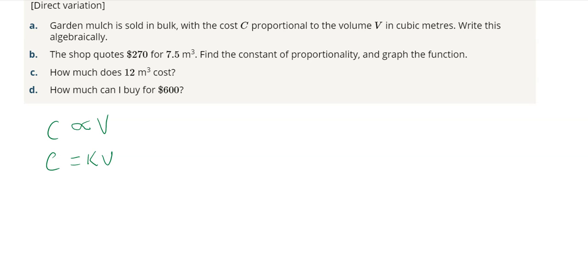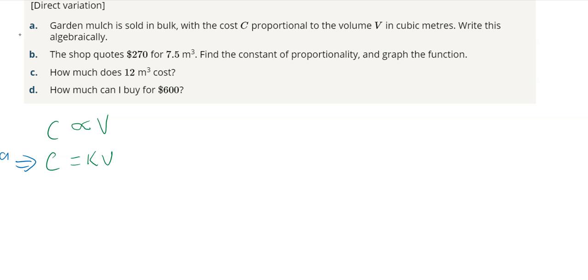So I can say in my first statement, C is proportional to V, and that implies that C is equal to KV, some constant times V. Basically meaning that as K increases, C increases, and vice versa. That's essentially it. So we've shown it algebraically.